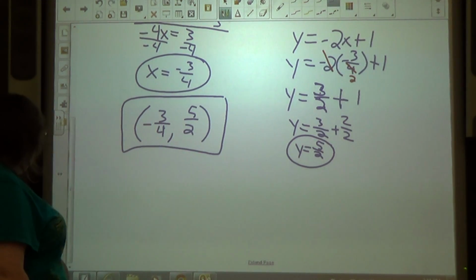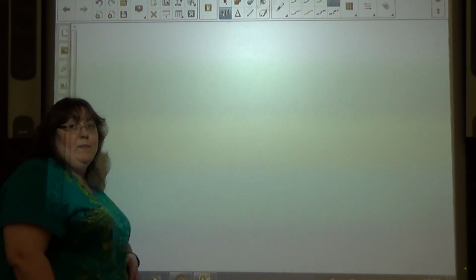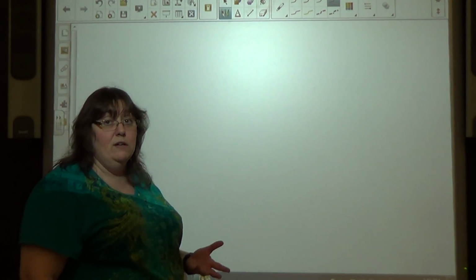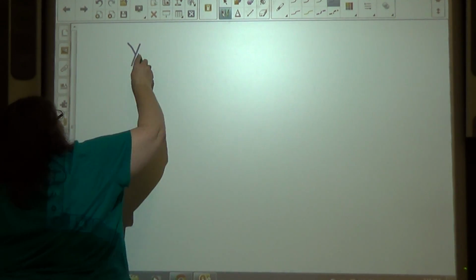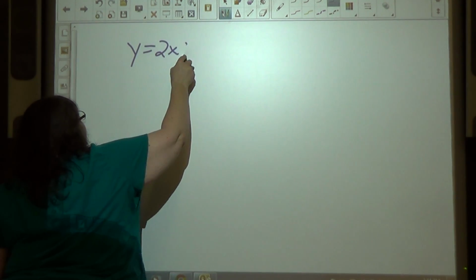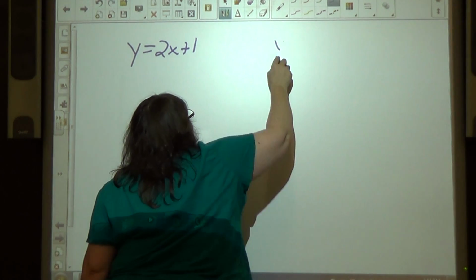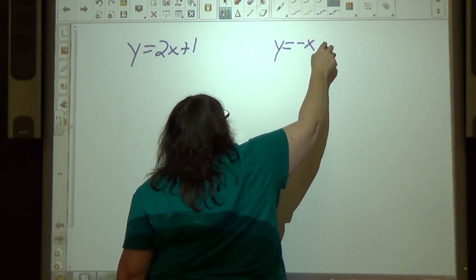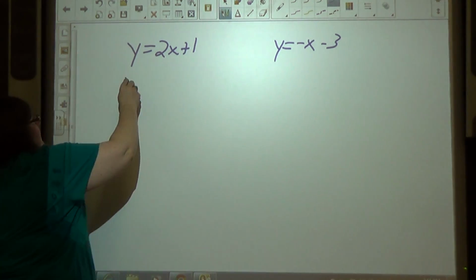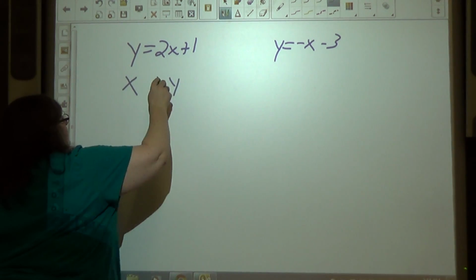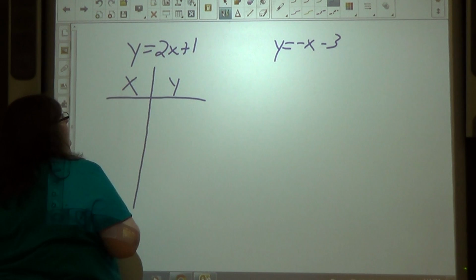Okay? Now, you also need to solve by the numerical method. Numerical method means you're making tables of values. So if I have y equals 2x plus 1, and y equals negative x minus 3, okay, I'm going to make tables of values. Okay?